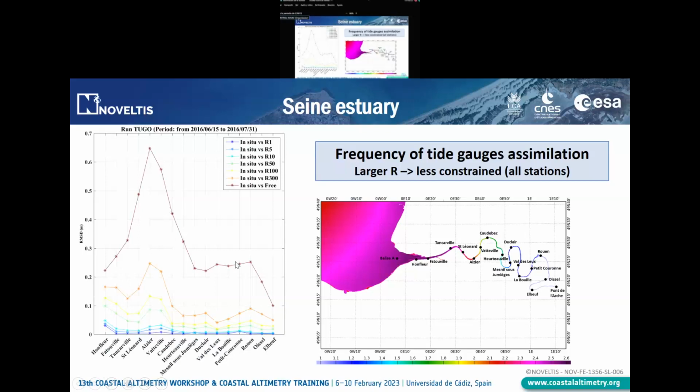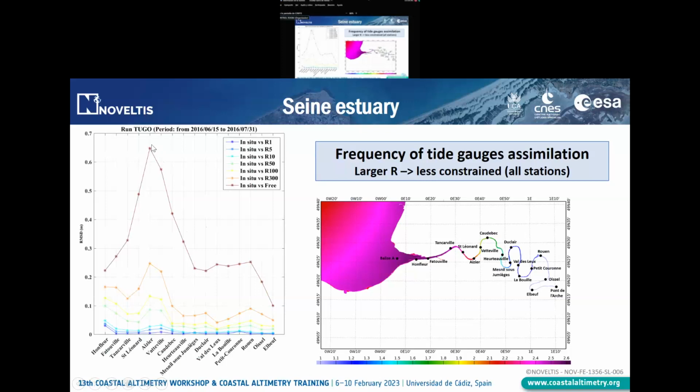In red, you can see the errors comparing the in situ data at every station with the free run model. It means that we didn't assimilate any tide gauge in situ data. The results are very encouraging because most of the errors are smaller than 25, 30 centimeters. These errors in this estuary region are very good.